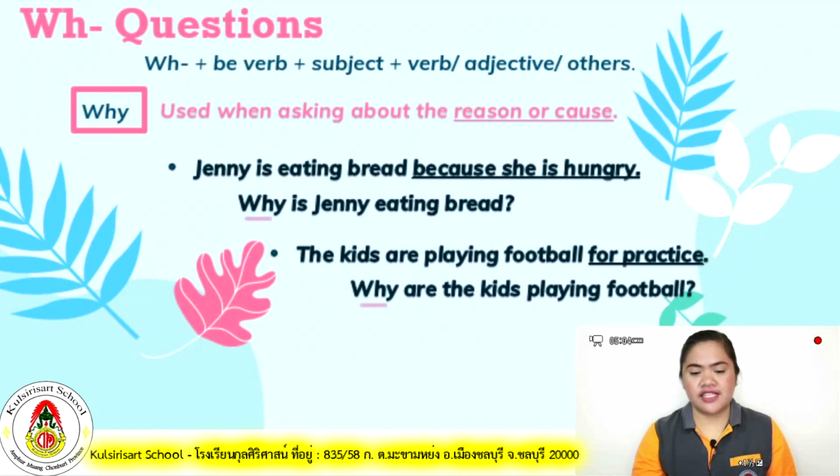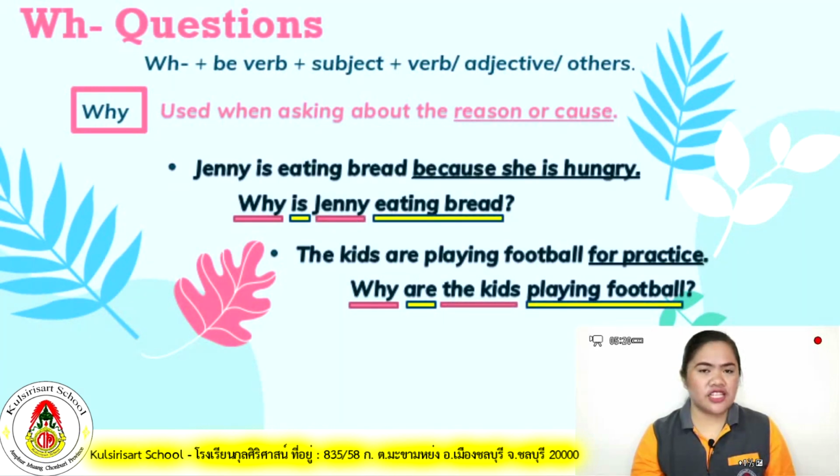As you can see, the WH questions below follow this pattern: WH plus be verb plus the subject and plus the continuation from the declarative sentence. Did you get it?